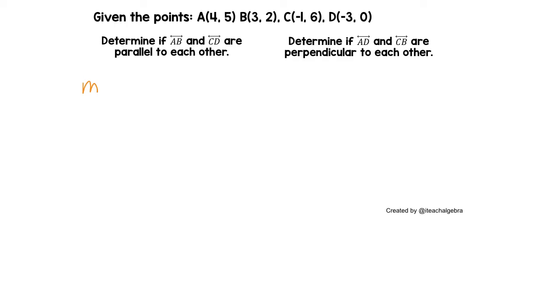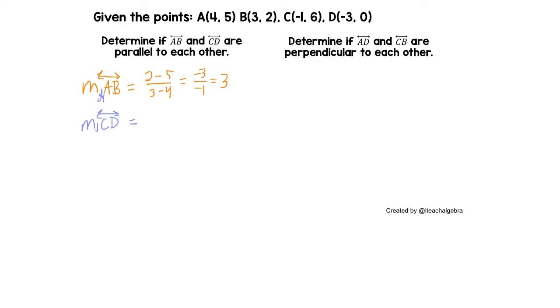So the slope of AB is going to be, if we list them x1, y1, x2, y2, 2 minus 5 over 3 minus 4. That is negative 3 over negative 1, or 3. The slope of CD is going to be, I need an m of here.